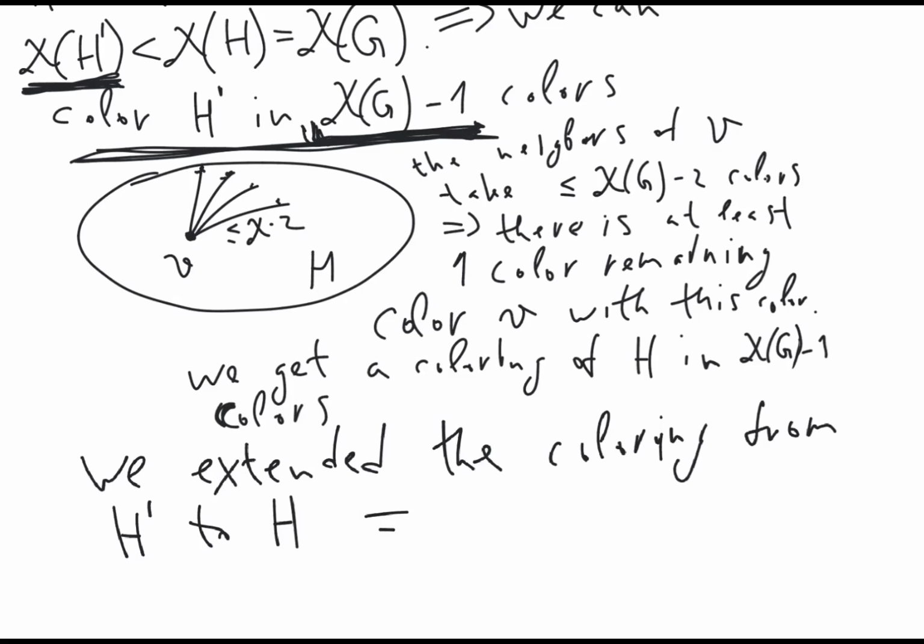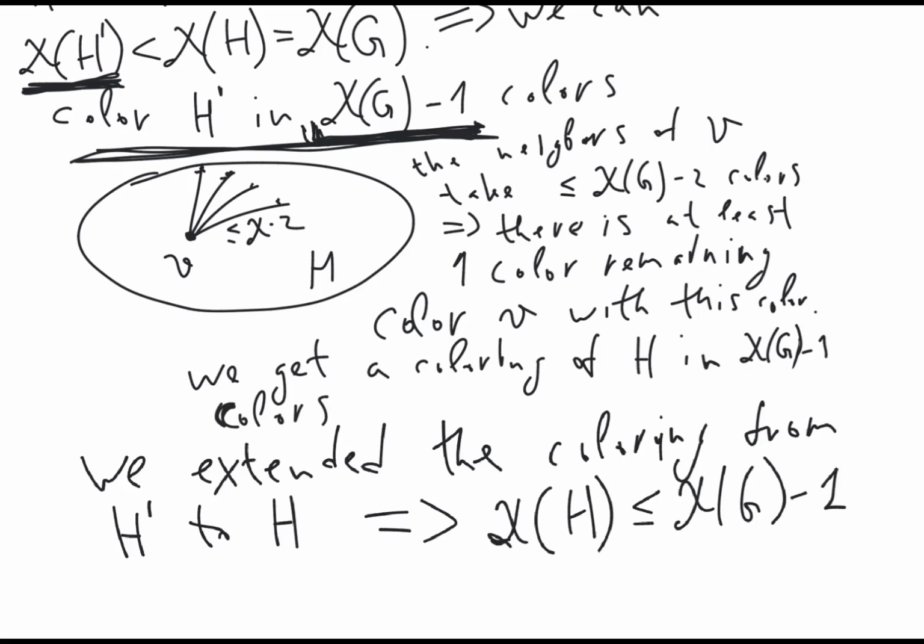So this means that the chromatic number of H is also less or equal than he of G minus 1, because we extended the coloring from H prime to H, and now we have a coloring of the graph H in this number of colors. So the chromatic number is the minimum number of colors required to color, and we showed the coloring in this number of colors.